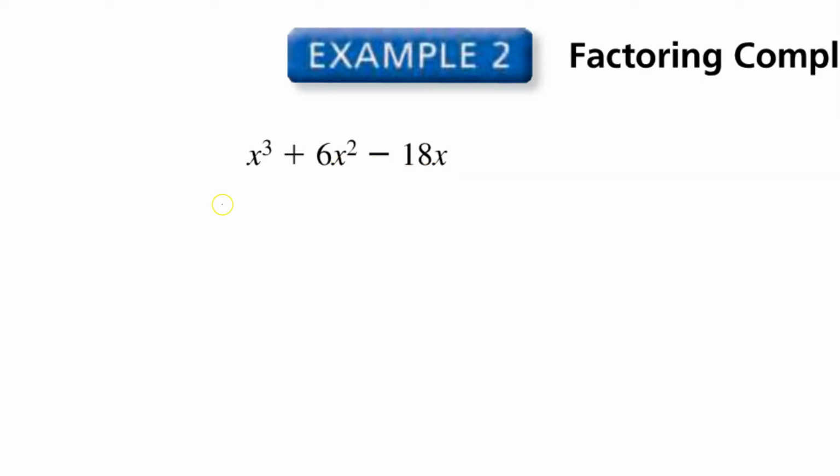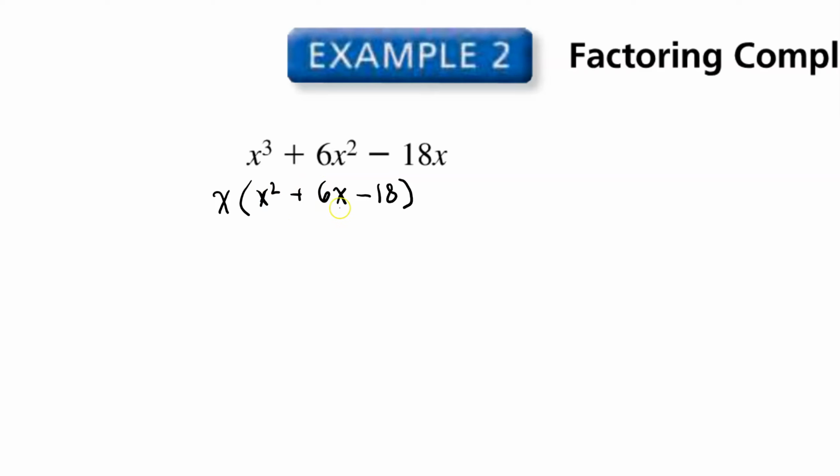And so the first thing I can do is take out an x. And that leaves x times x squared plus 6x minus 18. I just took out the x. If I were to multiply x back again, that would give me the original. That's just a check sort of mentally to see, did I factor out that GCF, that greatest common factor, correctly.